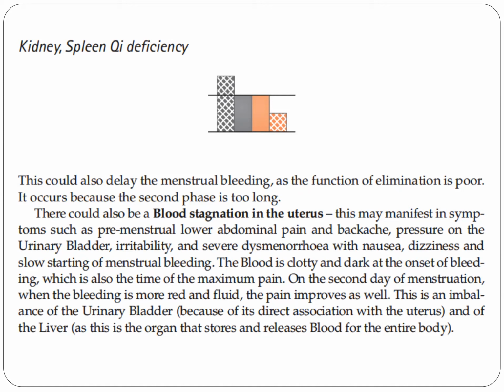The blood is clotty and dark on the onset of bleeding, which is also the time of the maximum pain. On the second day of menstruation, when the bleeding is more red and fluid, the pain improves as well. This is an imbalance of urinary bladder because of its direct association with the uterus and of the liver, as this is the organ that stores and releases the blood for the entire body.